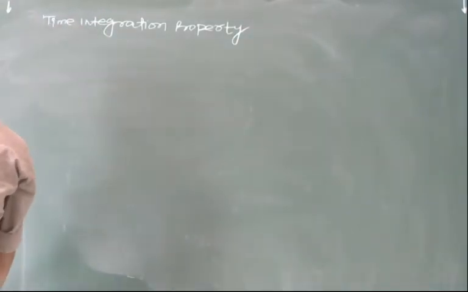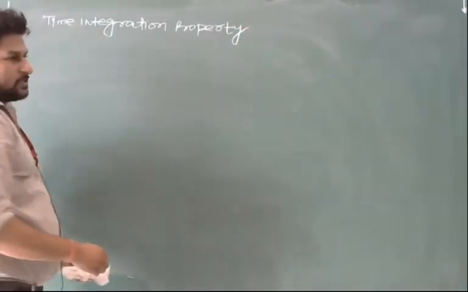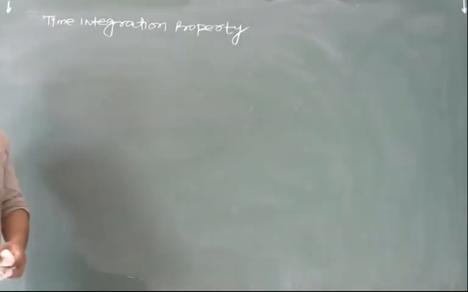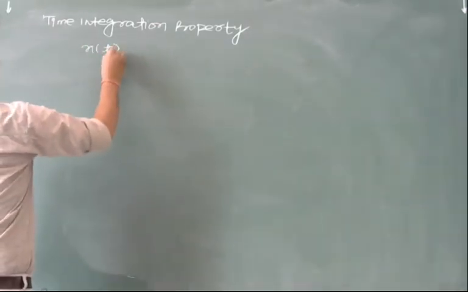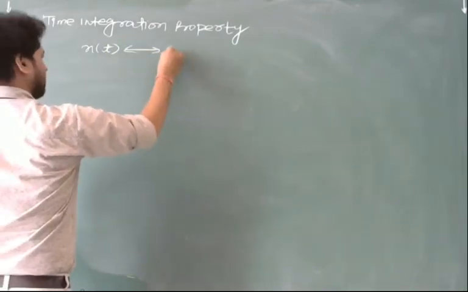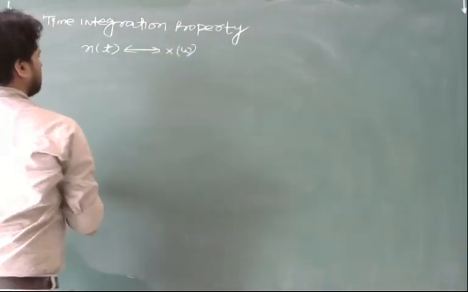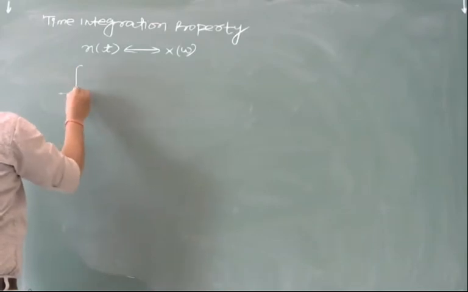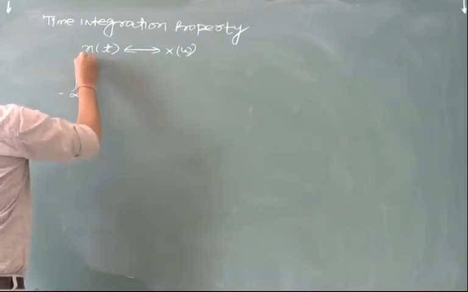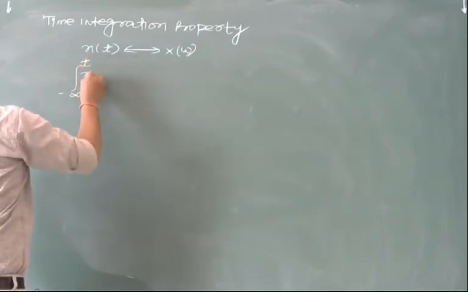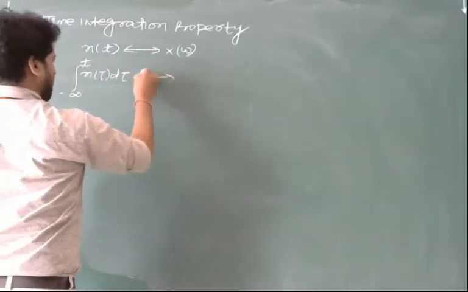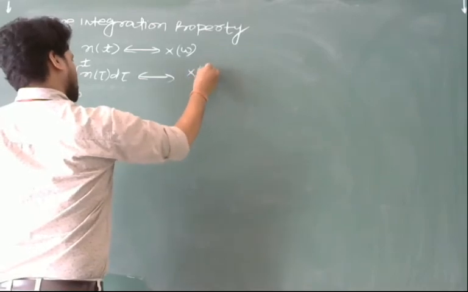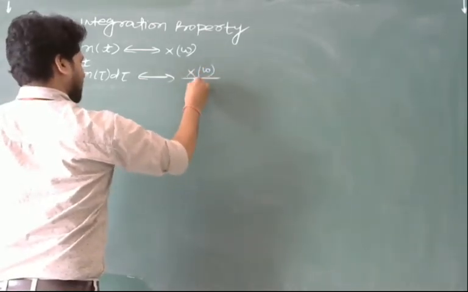The time integration property says that if the Fourier transform of the signal x(t) is X of omega, then the Fourier transform of the integral of x(tau) d tau, with limits from minus infinity to t, will be equal to X of omega upon j omega.